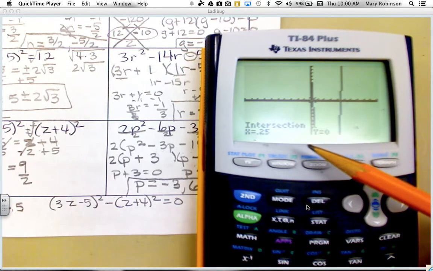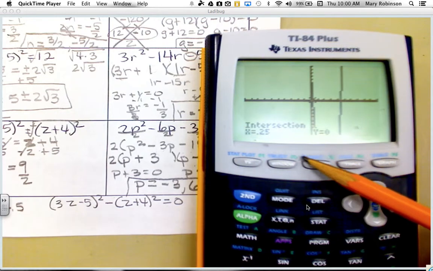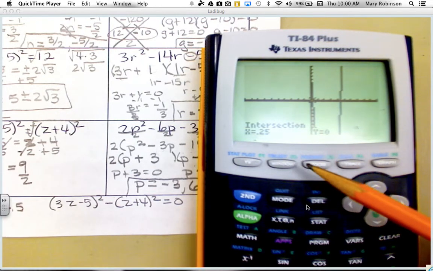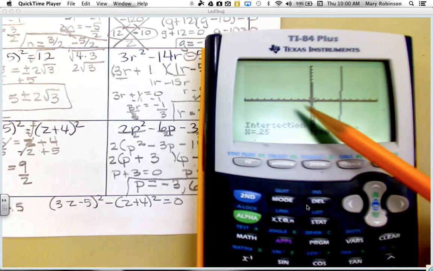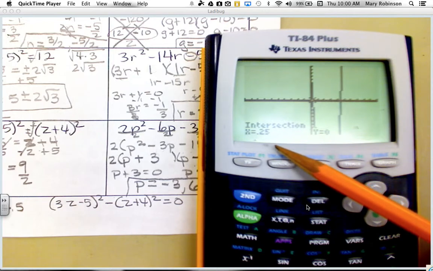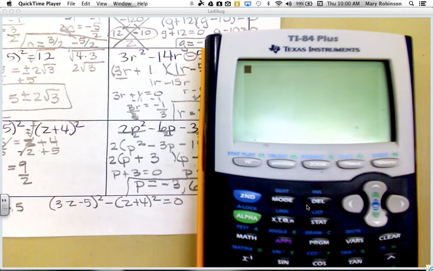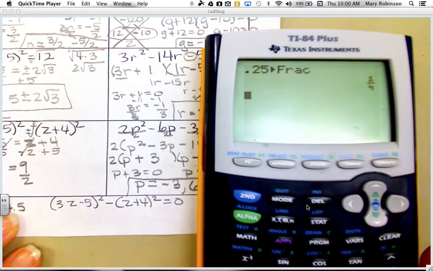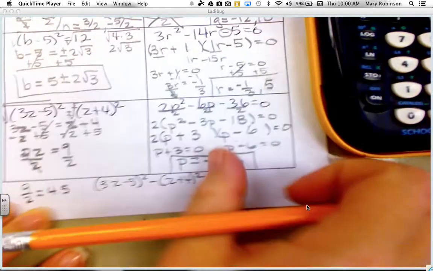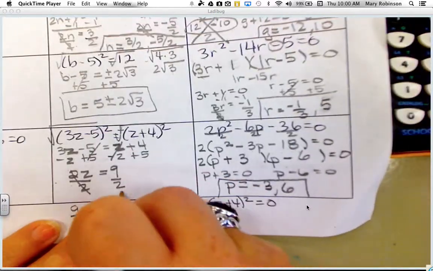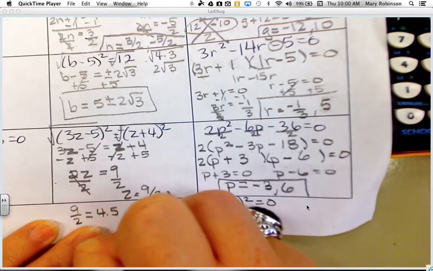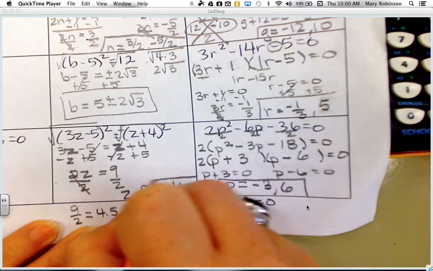Now, 0.25, think about that. That's a quarter, right? Isn't a quarter 0.25 or 25 cents, right? What is that number as a fraction? 1/4. Good. And if we forget, I need you to focus. If we forget, we can type in 0.25 and hit math, enter, enter, if we get a decimal value we don't recognize. But that means that not only is 9/2 a solution, but 1/4 is a solution also.